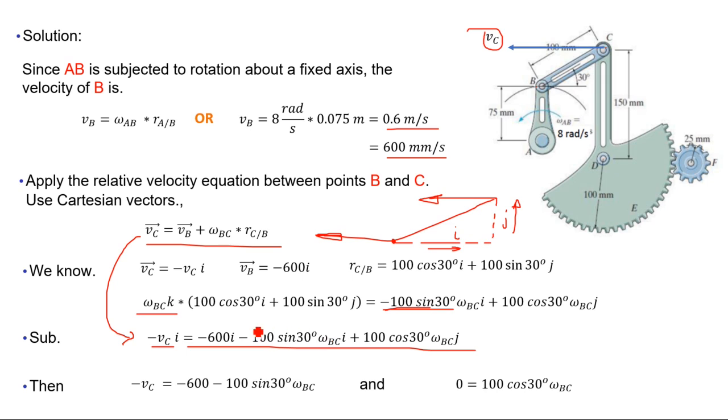Once again, you can see we have 3 components of I and 1 component of J. From the J component, 100 cosine 30 omega BC is equal to 0, which means omega BC is equal to 0. Knowing that, the other part goes to 0, and VC is equal to 600 millimeter per second.